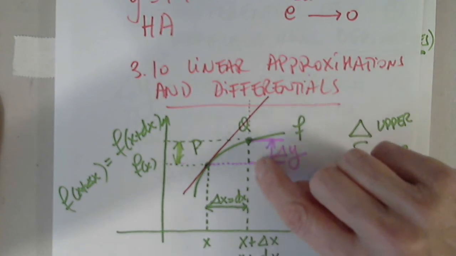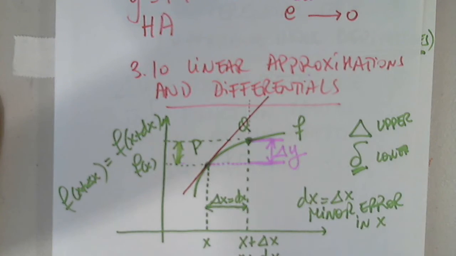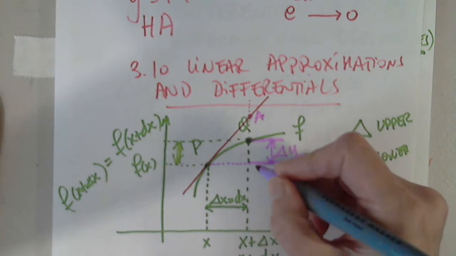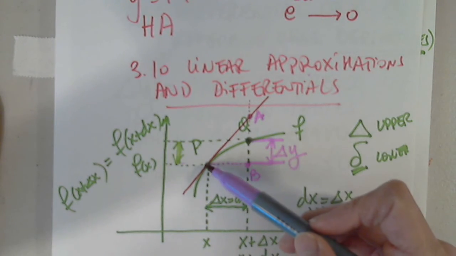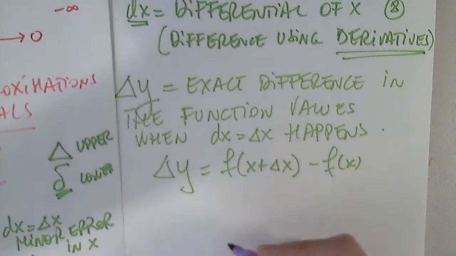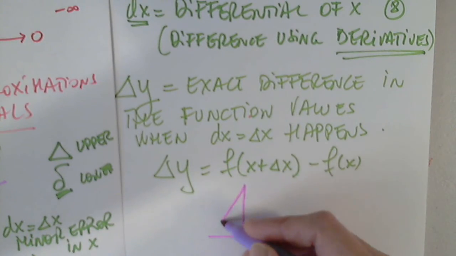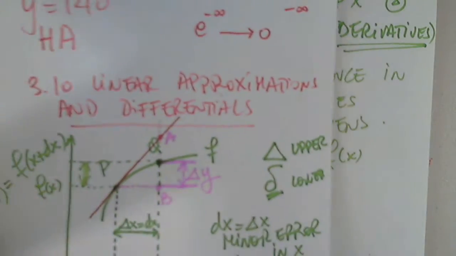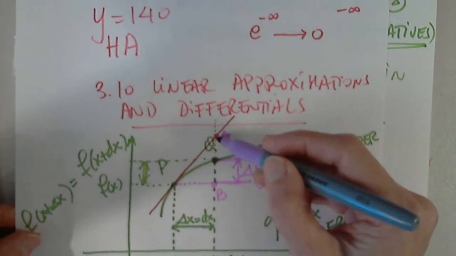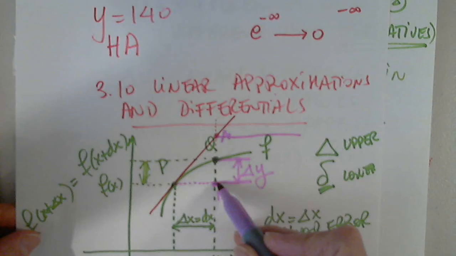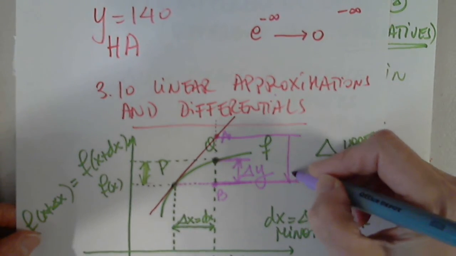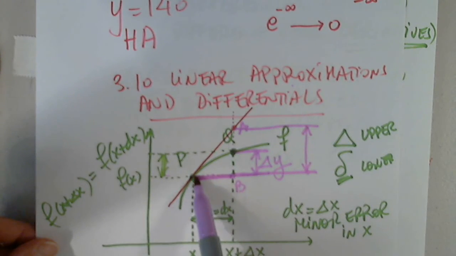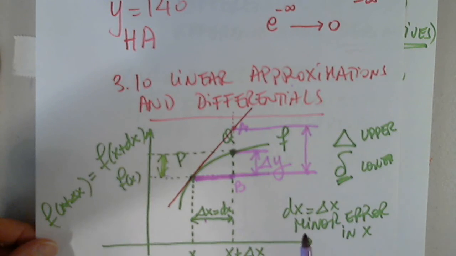Okay, now I'm going to take this triangle out because I don't want to put more stuff in there. This is Q here, but I'm going to call this A. I'm going to call this B. So I have the triangle PBA, which has this, which we will find in a moment, and it has this piece which is delta x or dx.